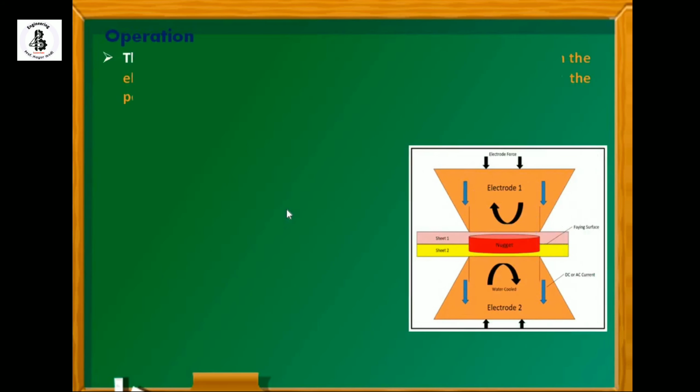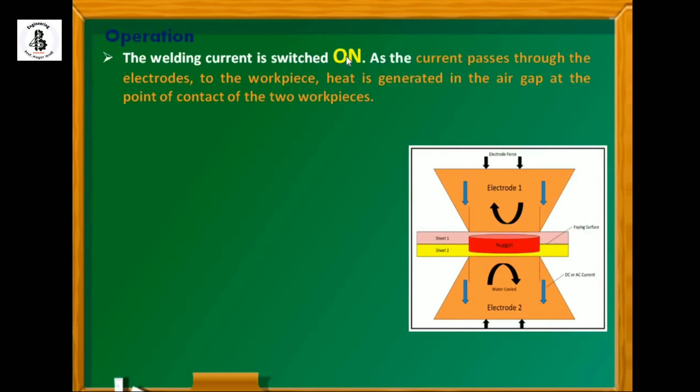The welding current is switched on. As the current passes through the electrodes to the workpiece, heat is generated in the air gap at the point of contact of the workpiece. Basically that develops between the contact of sheet metal 1 and sheet metal 2, in this area.